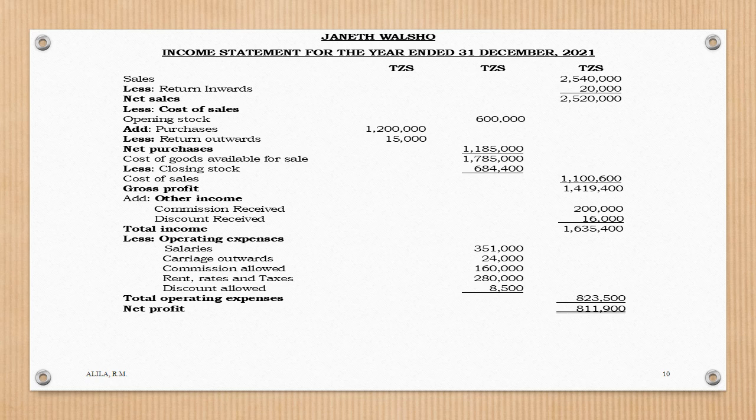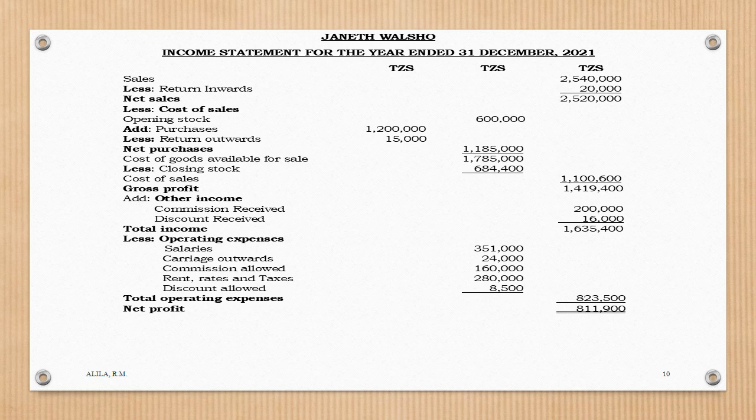So, see the preparation of the income statement. In the income statement, we start with those nominal accounts. And as you can see, we have sales, which is a nominal. Less return inward, you get net sales, less cost of sales. And this cost of sales is calculated as follows.